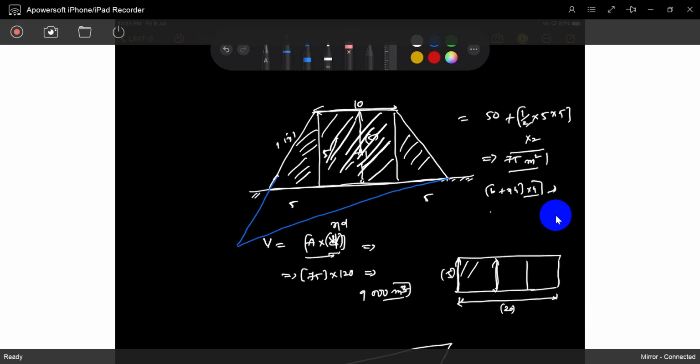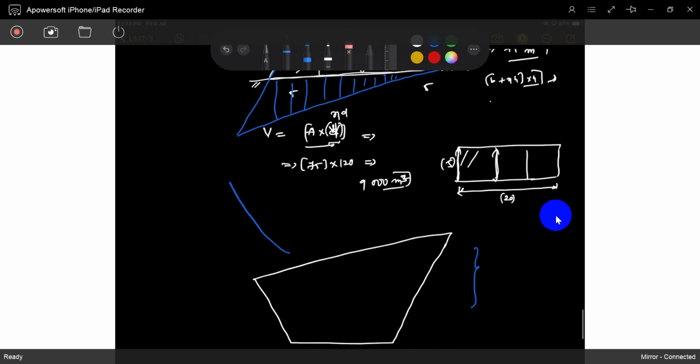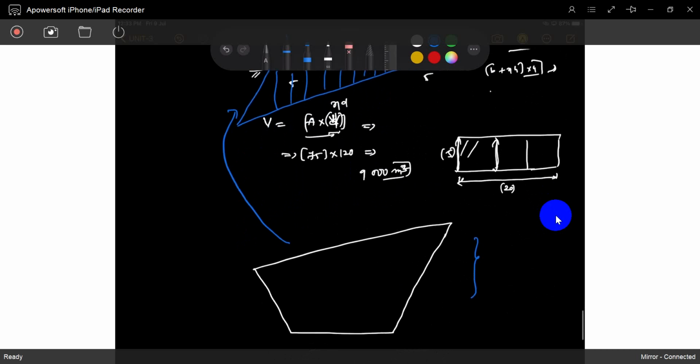We have to fill this also. He said the slope is 10 to 1.